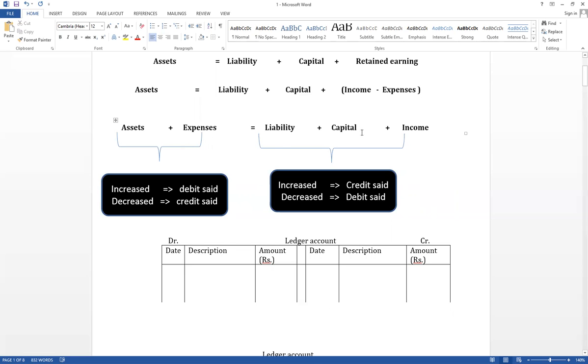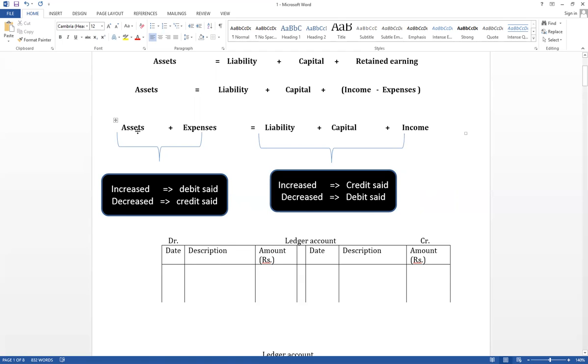And liability, capital, income: if those increase as a result of transactions and events, they should be recorded on the credit side. If those decrease, they should be recorded on the debit side. This is the important part.